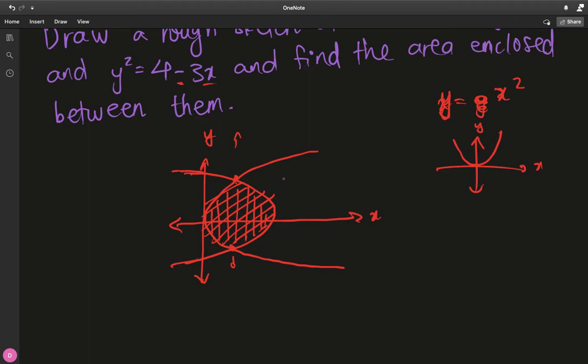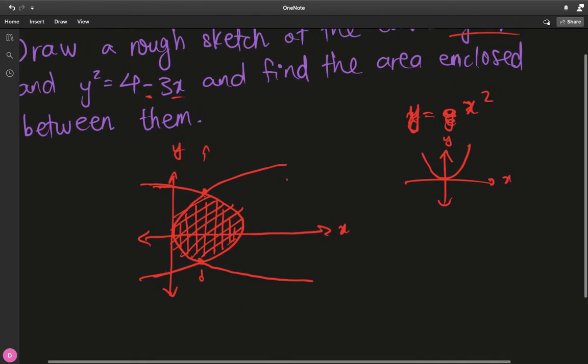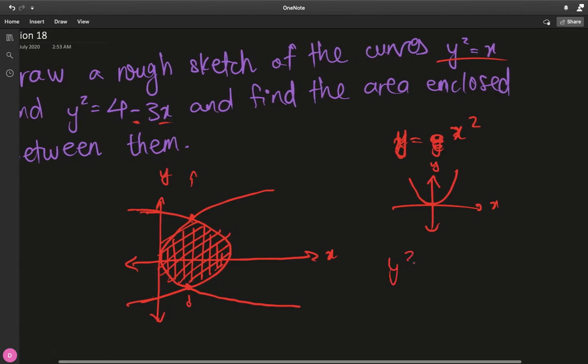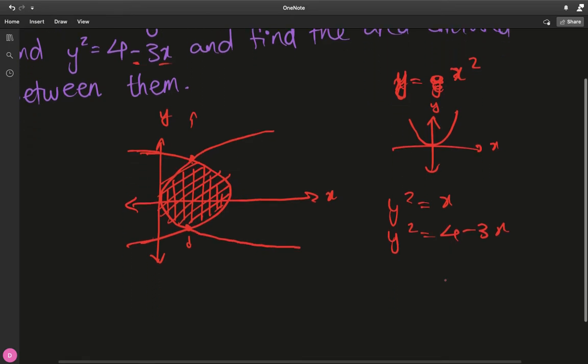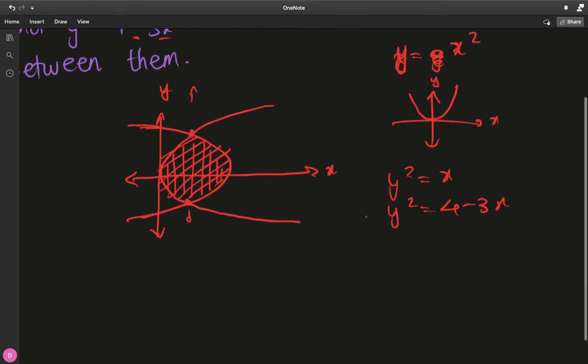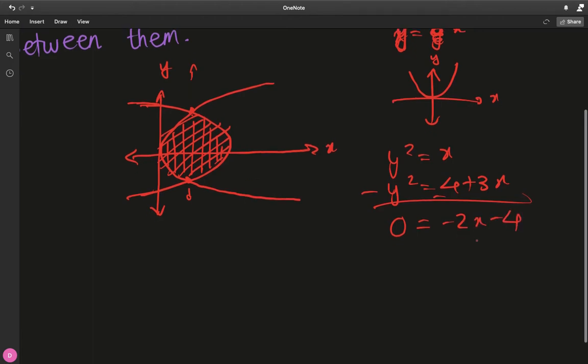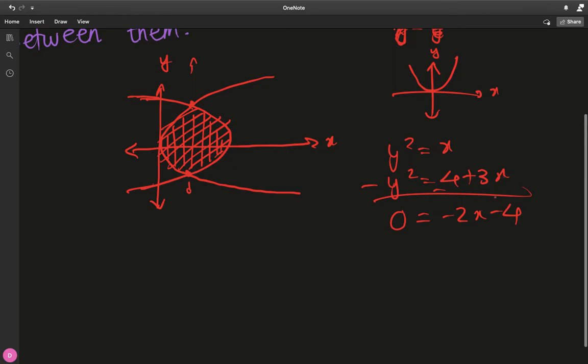For setting up the integral, we need to know the meeting points where both of these curves meet, so we need to solve them simultaneously. We have y squared is equal to x and y squared is equal to 4 minus 3x. You can basically subtract one from the other. You'll have 0 is equal to negative 2x minus 4, if I'm not wrong.